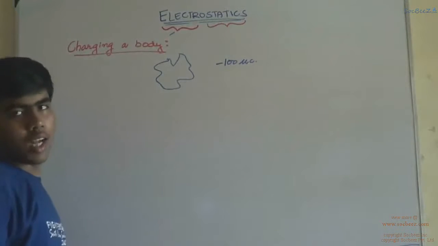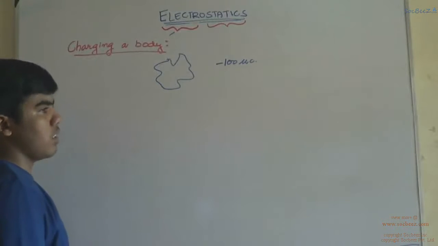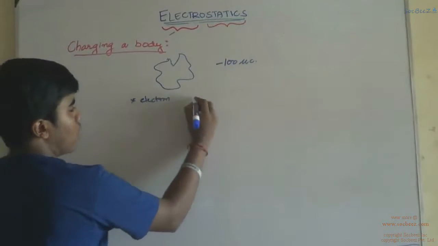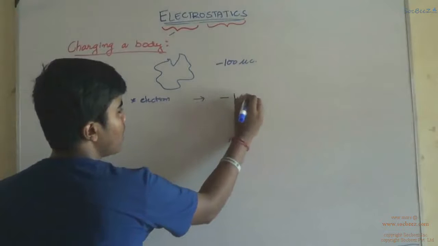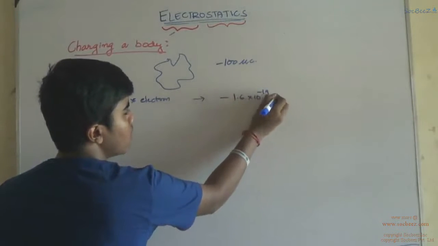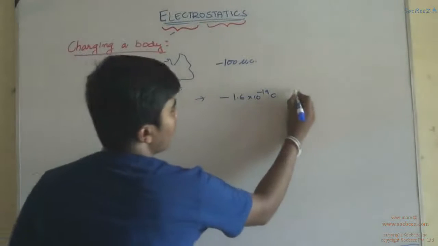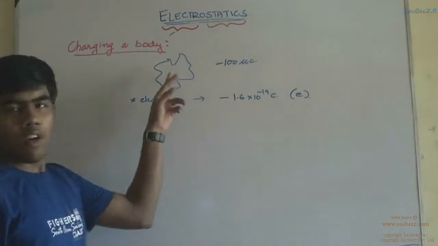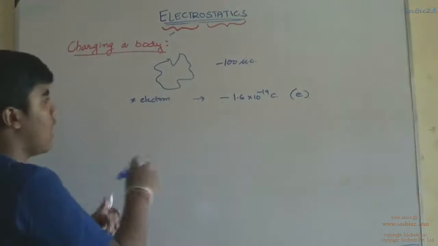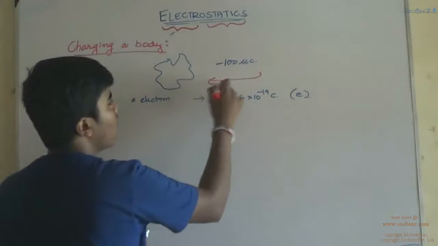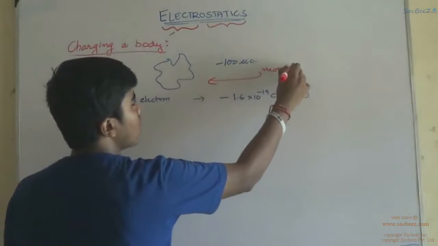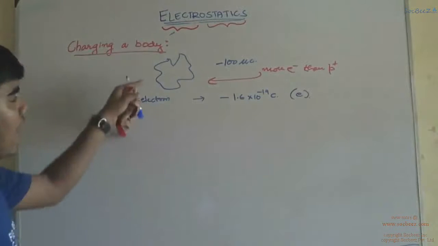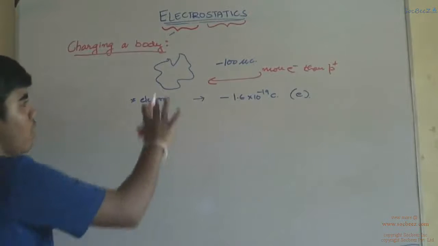We know that the charge comes to a particular body from its subatomic particles, mainly electrons. Now each electron has a charge of minus 1.6 into 10 to the power of minus 19 coulombs, which we denote as E. So, first of all, this body is getting a negative charge. So this has more electrons than protons.